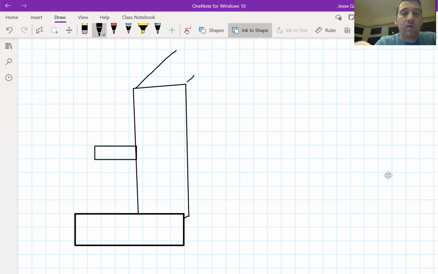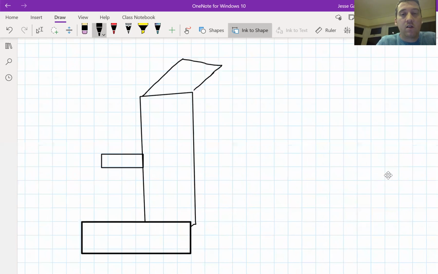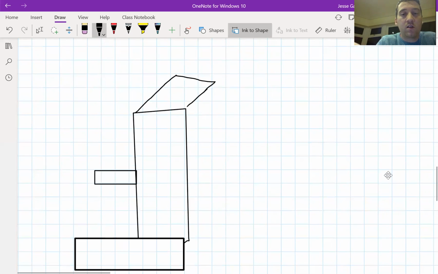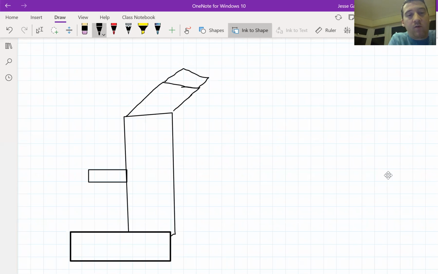We then have a rectangle up to the side that looks a bit like that. And then we have this piece here, which comes out and goes down, and we've got 3 different little notches on it like that.